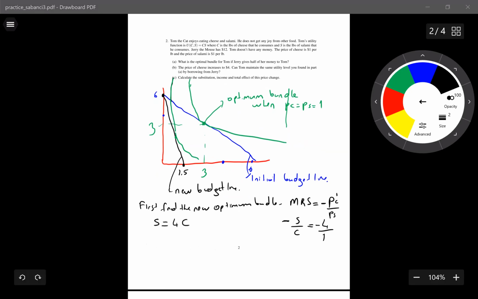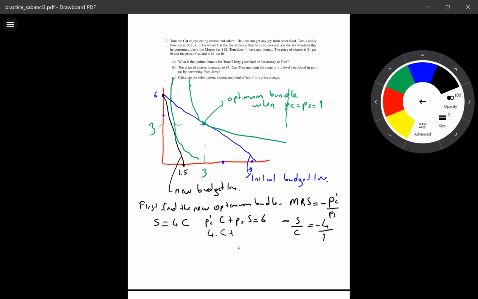I also have the new budget line equation: PC prime times C plus PS times S is equal to 6. PC prime is 4, and in place of S I will write 4C.